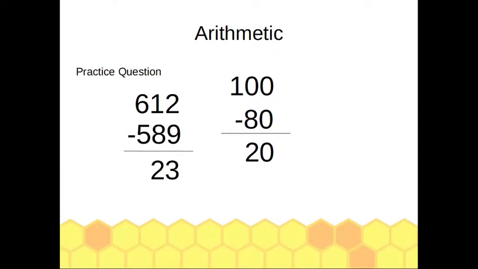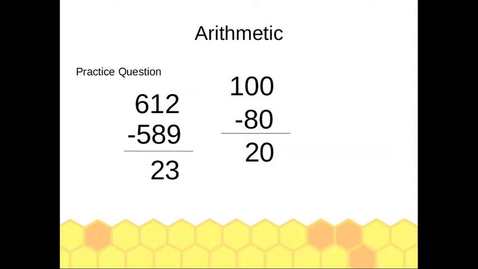We are subtracting 80 because our answer is not yet complete. Our subtrahend is truly 589, not 500. After this, you also understand that our minuend, which is 600, is also incomplete, and the true value is 612. Therefore, we lack 12.